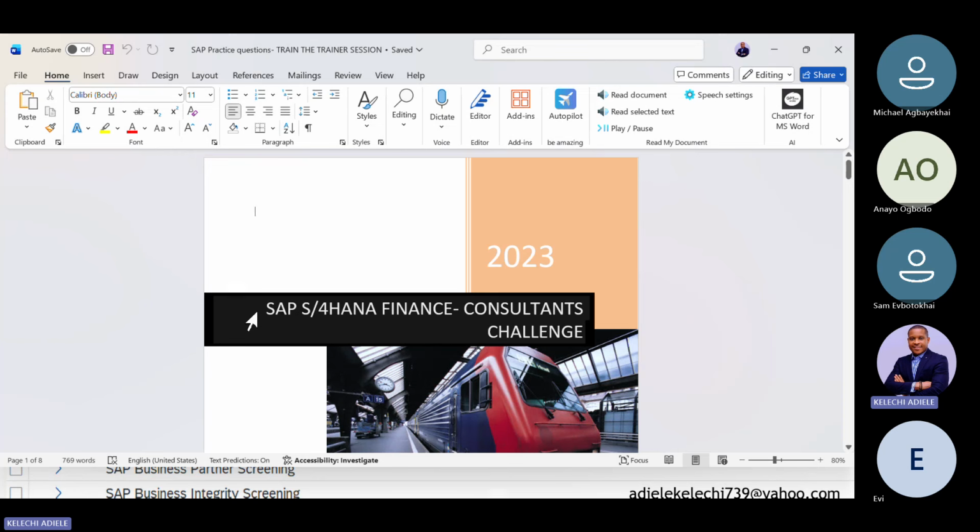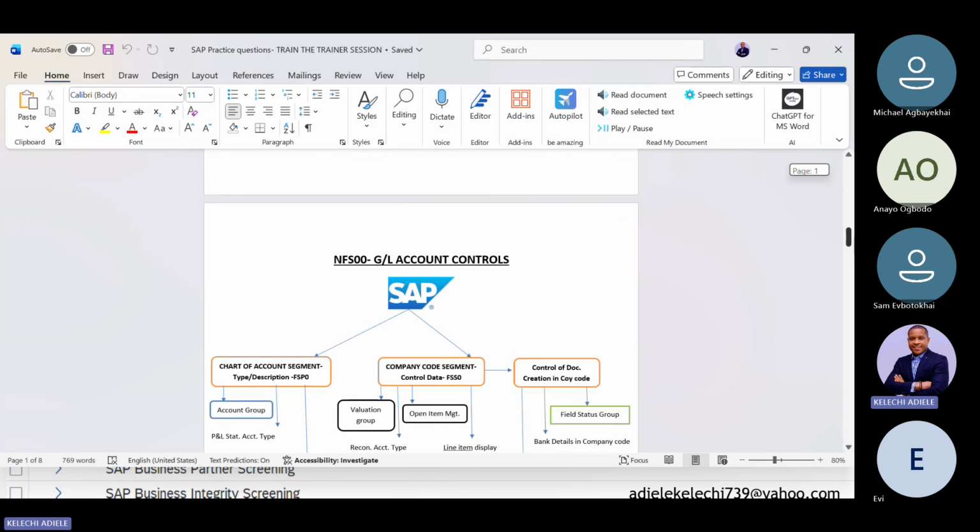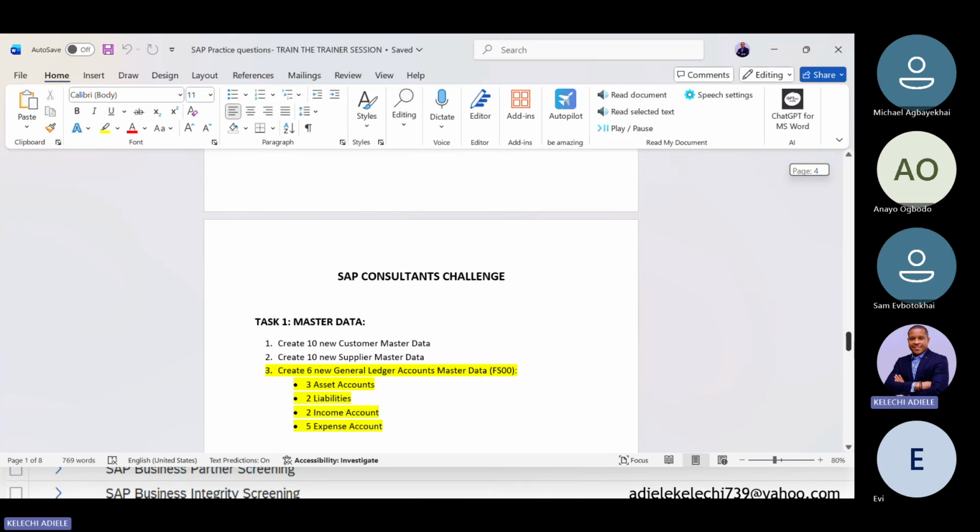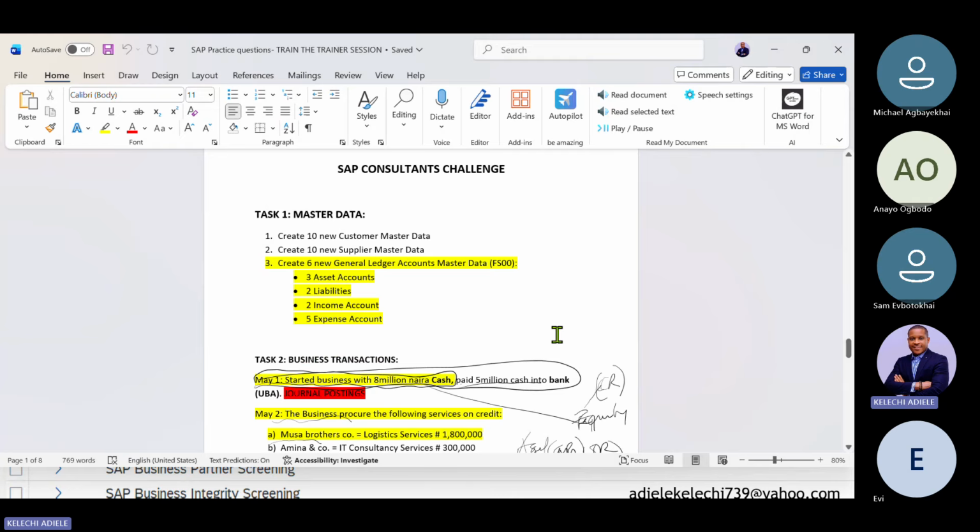This is an end-to-end transaction. First, you see some very beautiful slides, but this is where my interest is. After configuring, you will go inside the system and do end user work. You will post transactions and make sure that you understand how users navigate through the system.